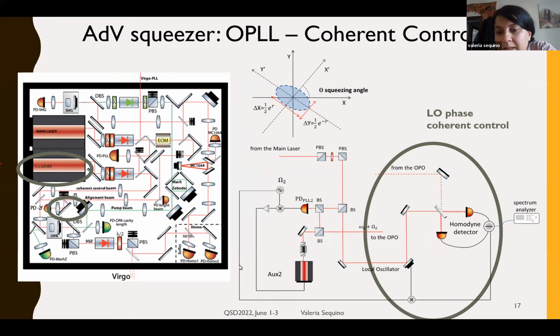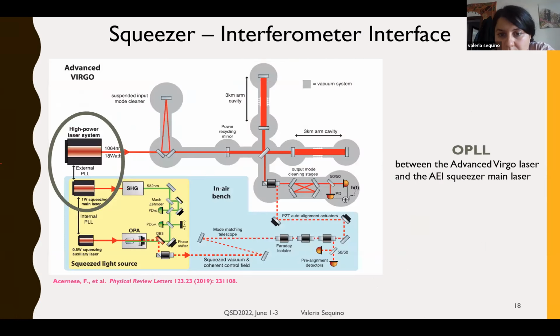In fact, a similar control system is applied to a mirror along the path of the local oscillator. In this way, we are able to produce the squeezing in the audio frequency band that is used for gravitational wave detectors.